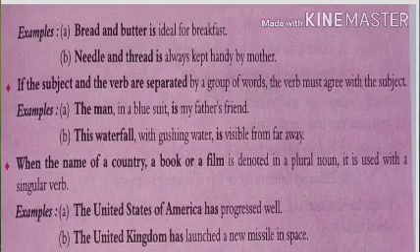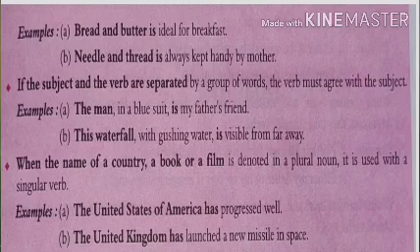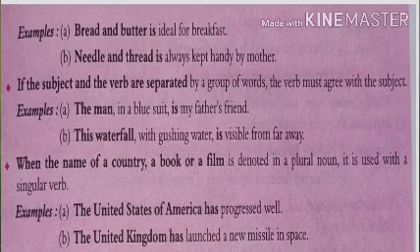For example, bread and butter is ideal for breakfast. Bread and butter seems that they are plural in number, but bread and butter, it means they make a food. So that is why bread and butter is.